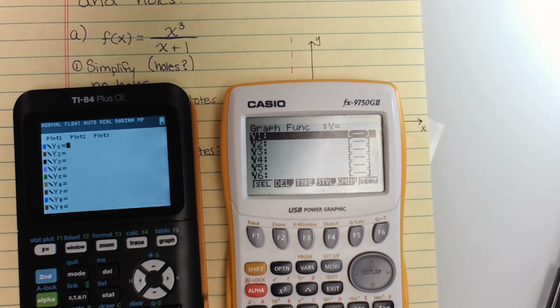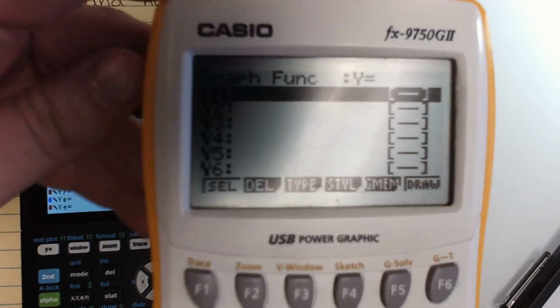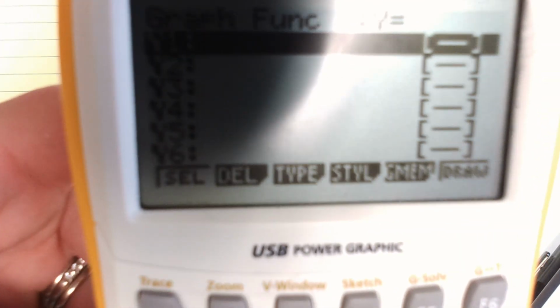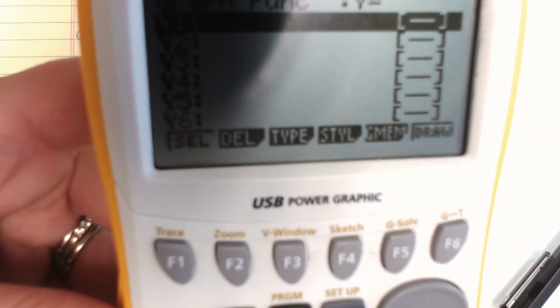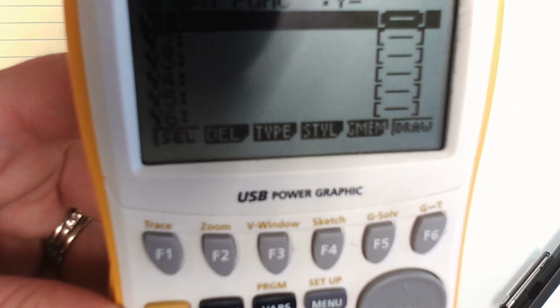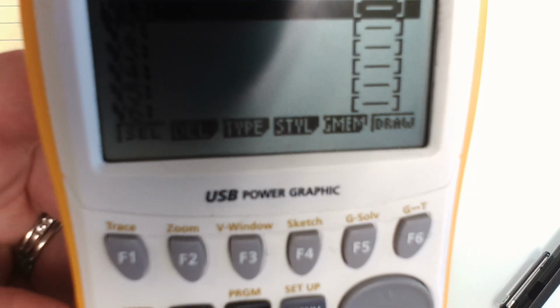I emphasized type for a reason. Any thoughts as to why I emphasized type to my Casio users? Look at the bottom of the screen. Do you see the word type?